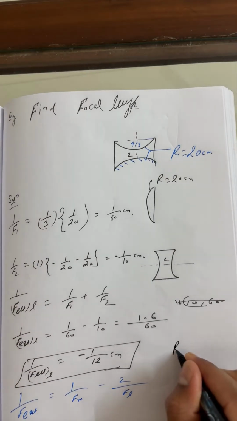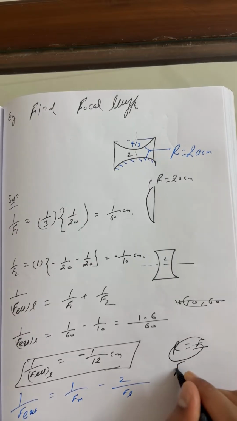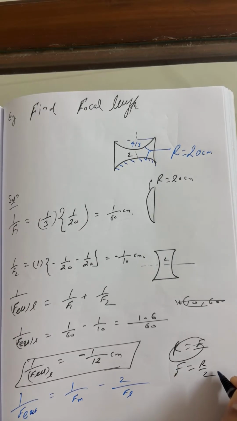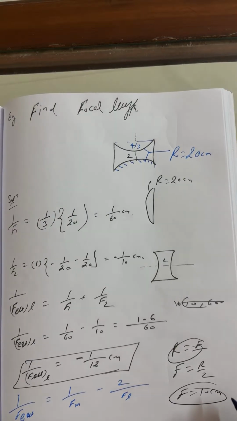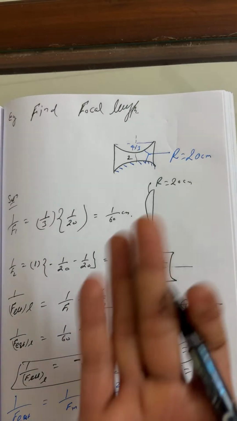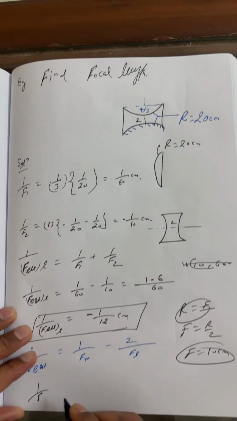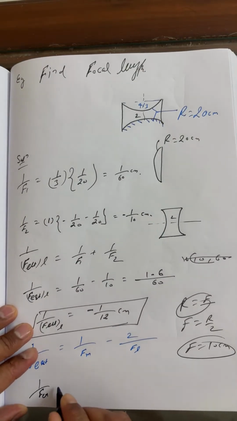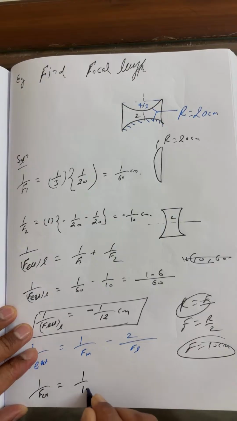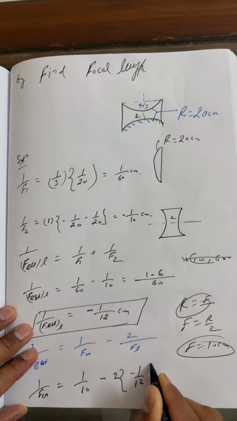I hope all of you remember: f equals R by 2. So 20 by 2, so f is 10 centimeter. No need to take conventions; I already took the convention during the derivation. So 1 upon f equivalent equals 1 upon 10 minus 2 upon minus 1 by 12.